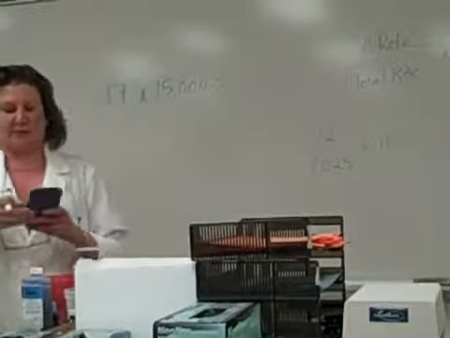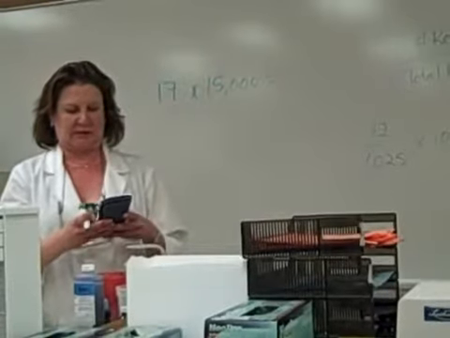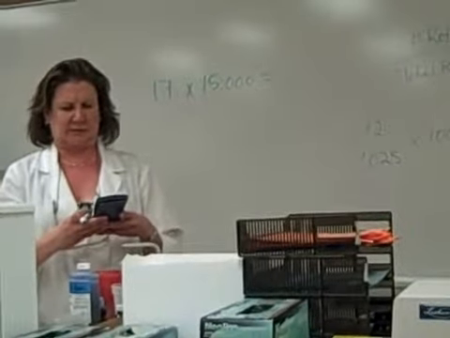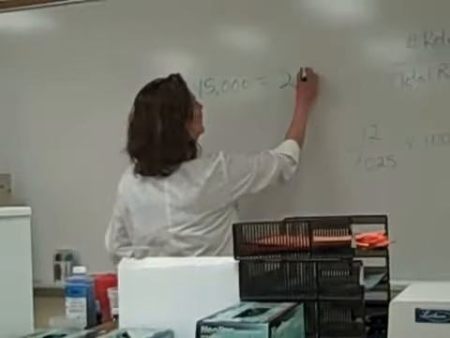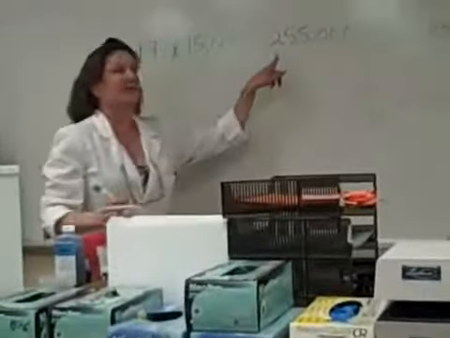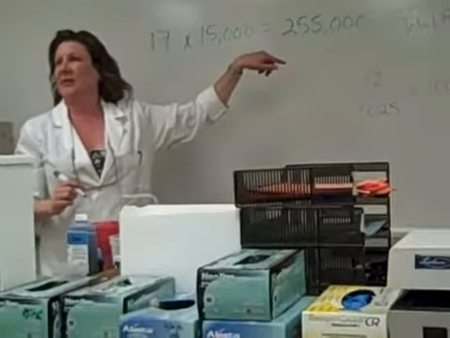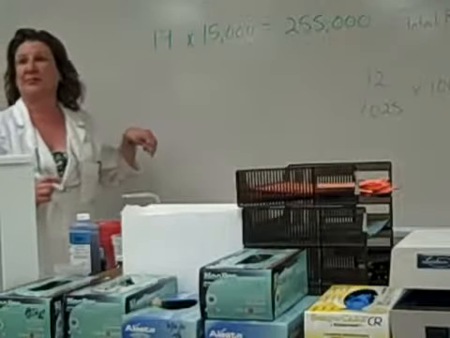we're going to get 17 times 15,000 equals 255,000. Okay. Is that in the normal range? Yeah, because typically we see between 10 and 30 per oil immersion field. Okay.